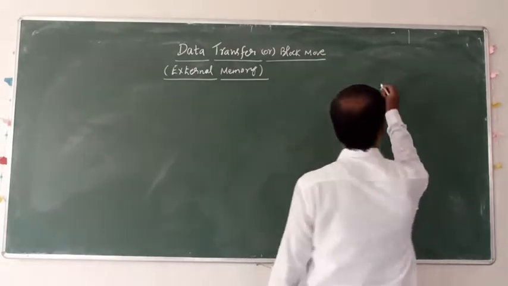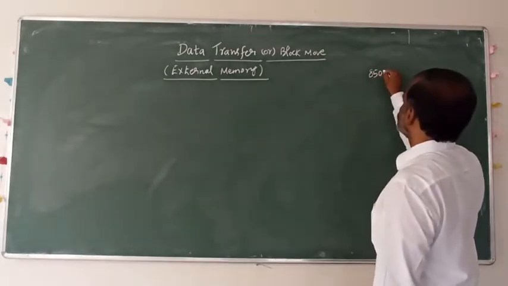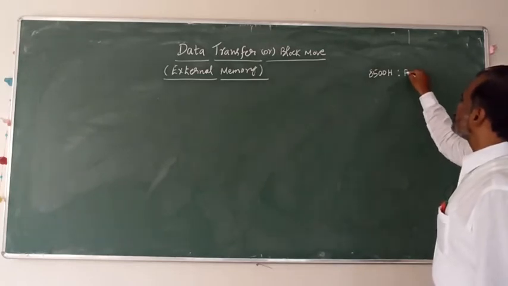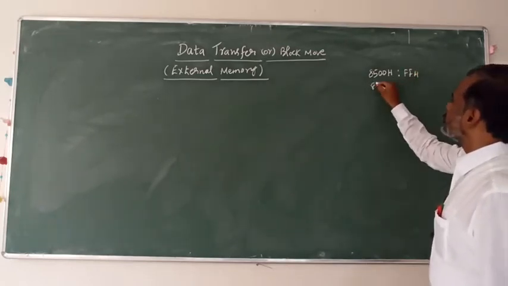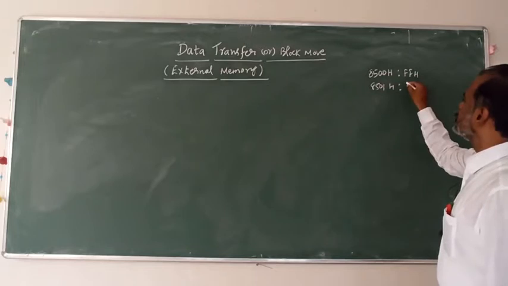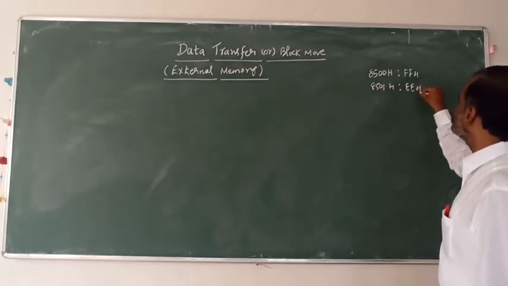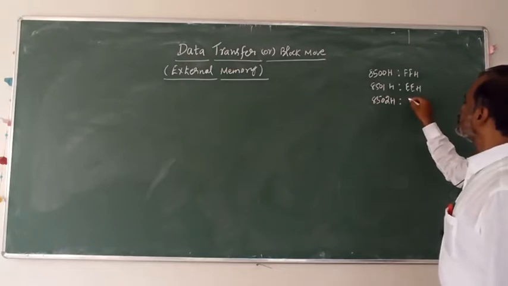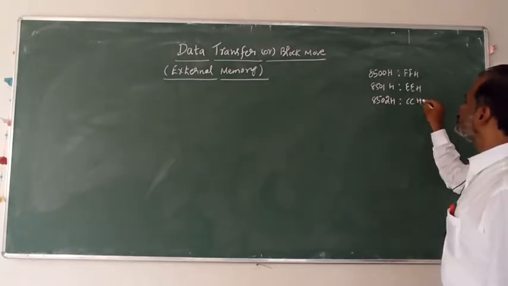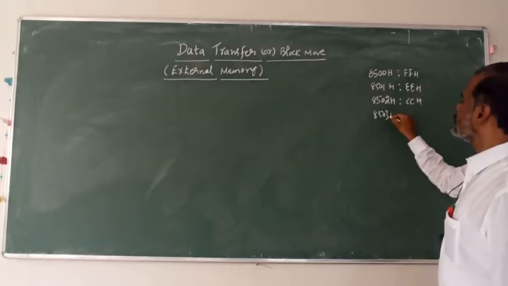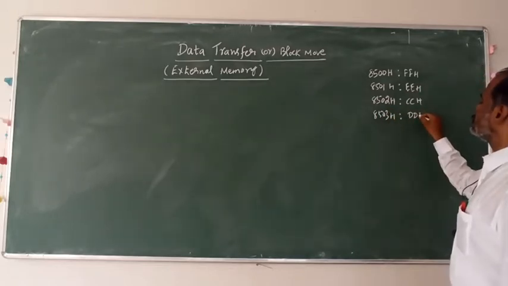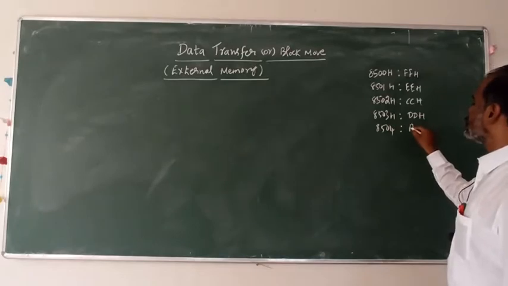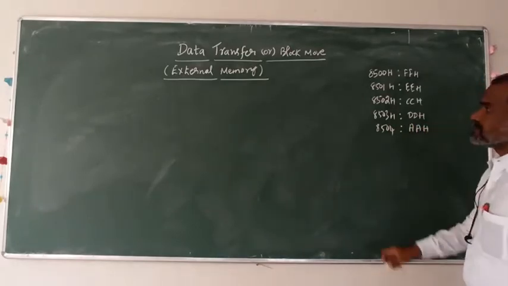Here, 8500H has FF data, 8501 has EE data, 8502 has CC data, 8503 has DD data, and 8504 has A8 data.